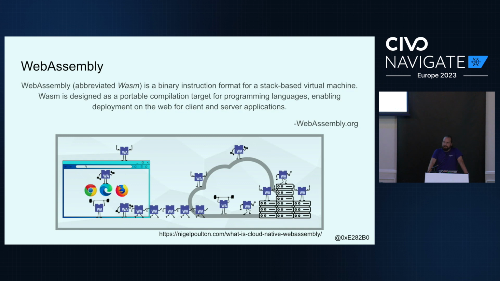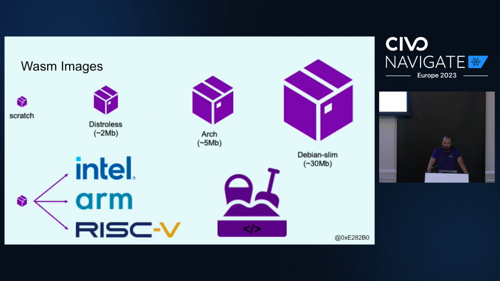WebAssembly has some unique features that are interesting for server-side development. Speaking of which, in Kubernetes you always have the problem that your images are bigger than necessary, and every base image comes with an overhead. The scratch image has no overhead, and most WebAssembly containers are directly based on scratch.